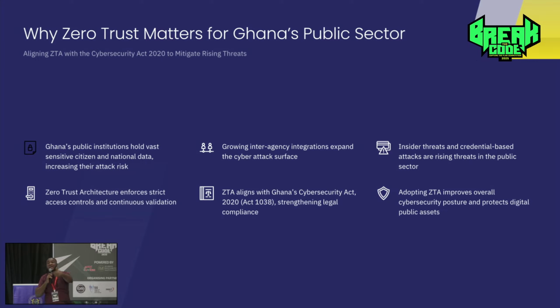NIA may have their system secured, but what about the institution coming in? So this is a holistic approach. In as much as NIA is trying to protect its territory, whoever is accessing it must also make sure it is secure. So since all our agencies are trying to integrate into each other, there should be a holistic approach to all public sectors so that we can implement what we call zero trust architecture.